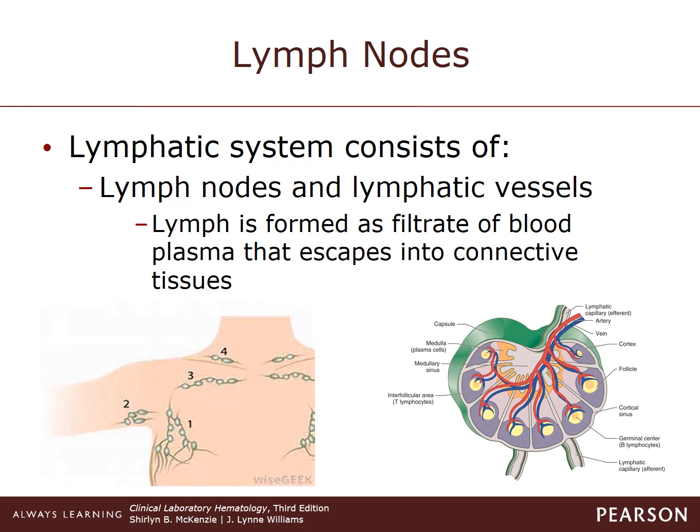Lymph is a fluid portion of blood that escapes into the connective tissue and is characterized by low protein concentration and the absence of red cells. On the right, in cross-section, a lymph node can be divided into an outer region called the cortex and an inner region called the medulla.